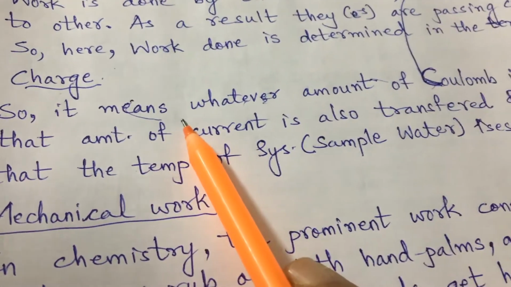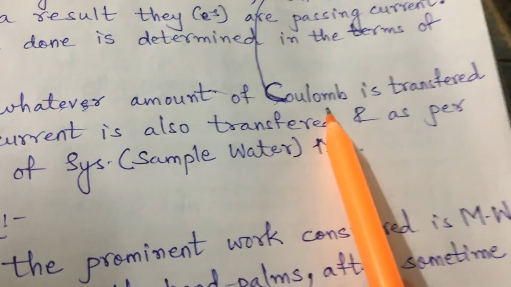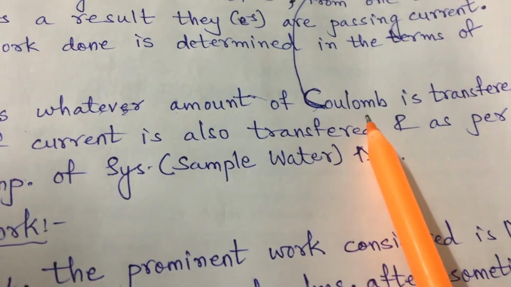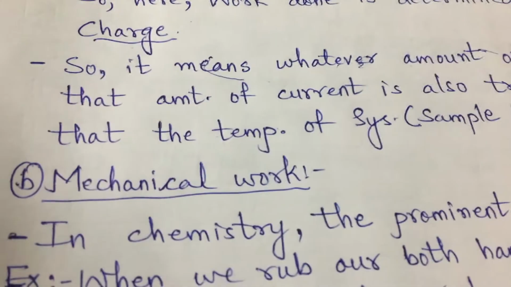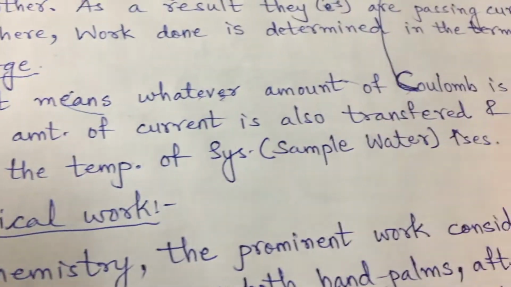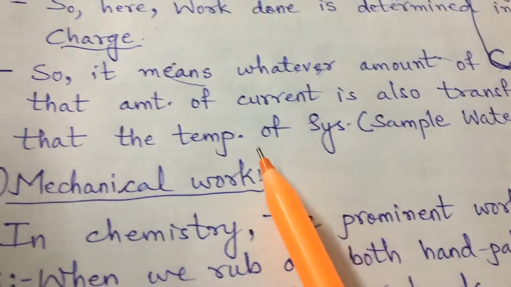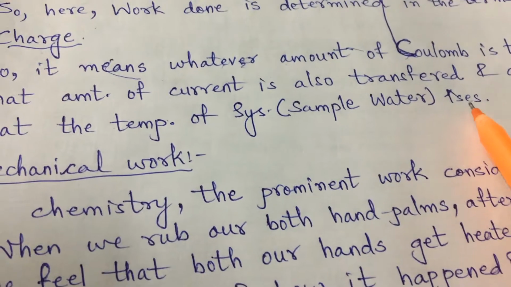So it means whatever amount of coulomb. Now what is coulomb? Coulomb is the measuring unit of charge. So the amount of coulomb transferred, that amount of current is also transferred, and as per that the temperature of the system increases.